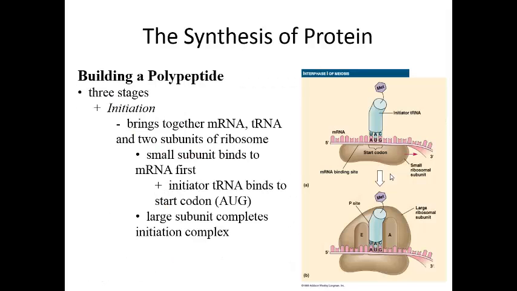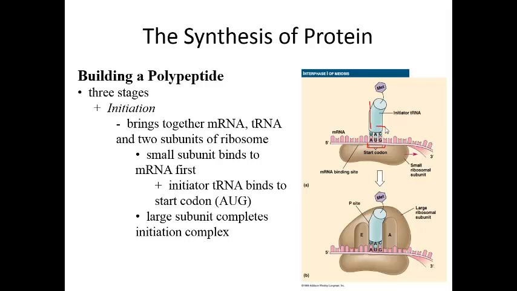Translation is going to occur in three steps, just like transcription. It begins with just the small ribosomal subunit. The messenger RNA comes to the small subunit. The small subunit scans the messenger RNA until it finds the start codon, AUG. When the start codon is found, the tRNA with the complementary anticodon comes and binds to it.